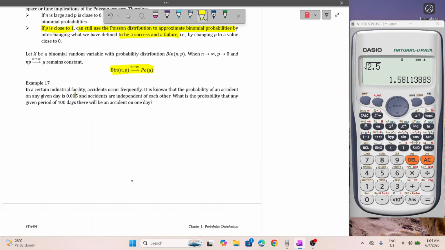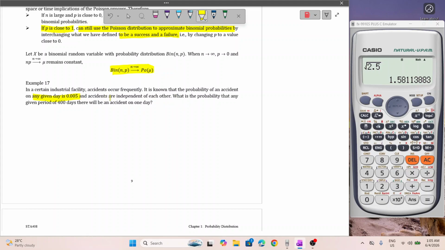In a certain industrial facility, accidents occur frequently. It is known that the probability of an accident on any given day is 0.005, and accidents are independent of each other.